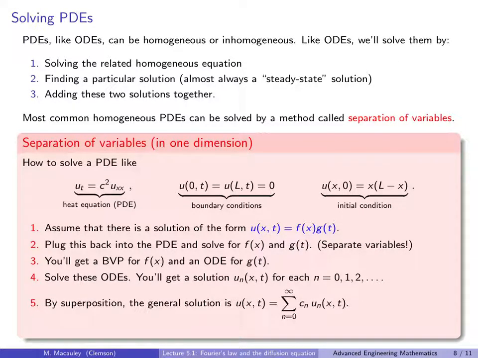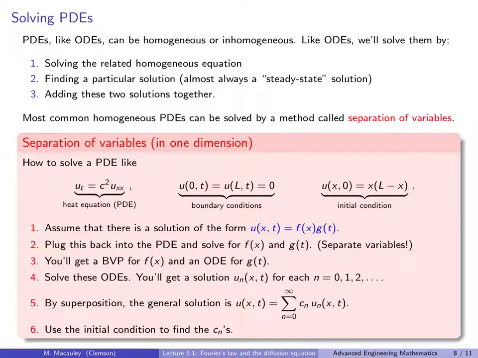By superposition, which is the physical term for linearity, if we have a collection of solutions u_n of x and t, then any linear combination is a solution. So the general solution is potentially an infinite sum over all integers 0 to infinity of C_n u_n of x and t, where C_n can be any constant.